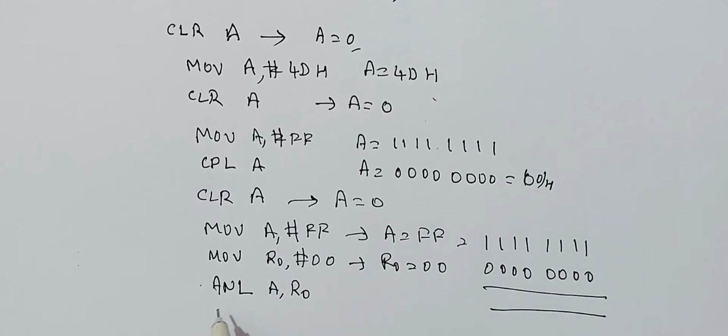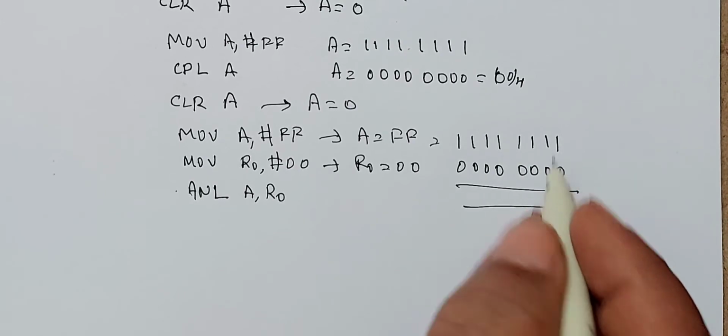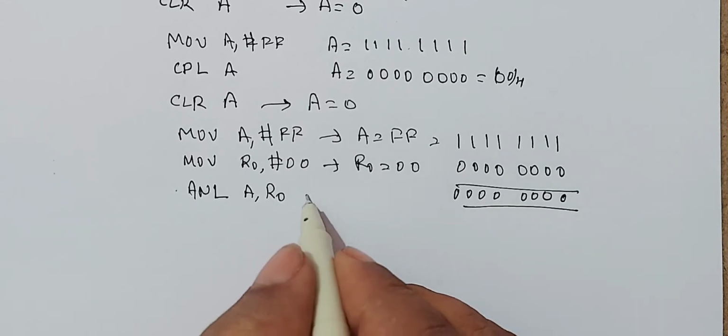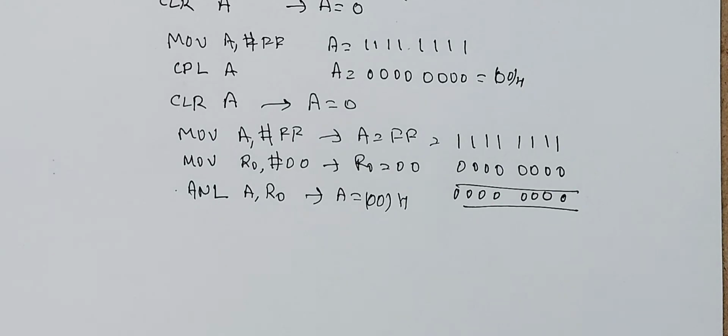Now the third instruction, AND logic, A with R0. Whatever the content of R0 is, it is ANDed with the content present in A. So 1 AND 0 is 0, 1 AND 0 is 0. Therefore, you get all 0s. Thus, A is equal to 00H. So there are many methods to clear the content of A, but one of the simplest methods is CLR A. This clears whatever the content present in A to 0.